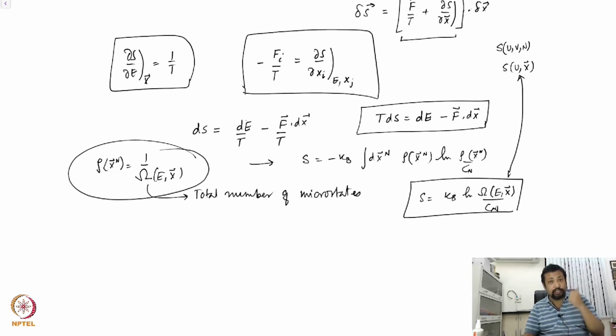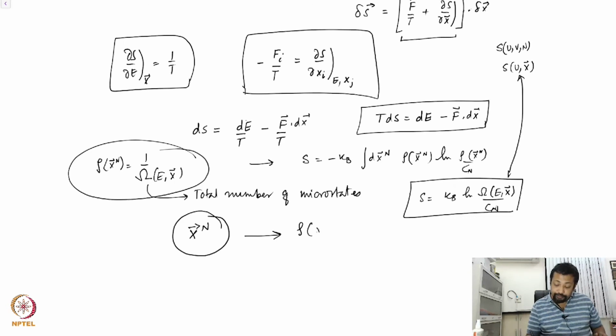It gives me the zeroth law, the first law, the second law, right? So therefore, starting from a microscopic picture where we were initially interested in the microstates of the system x_n, we have built something which is very much consistent with the thermodynamics that we did earlier. The connection, of course, comes from this probability density that takes you to the expression for the entropy, ln omega of E comma x divided by C_N, right?